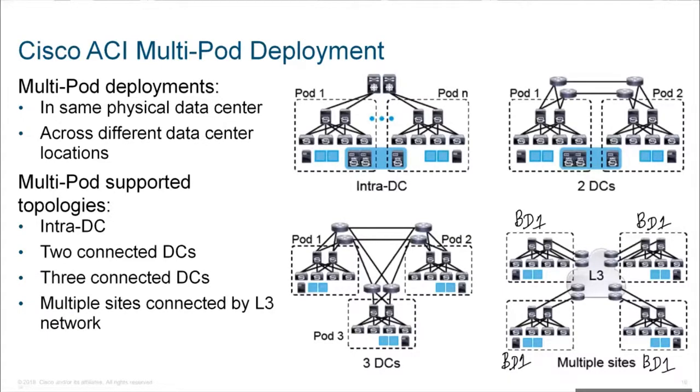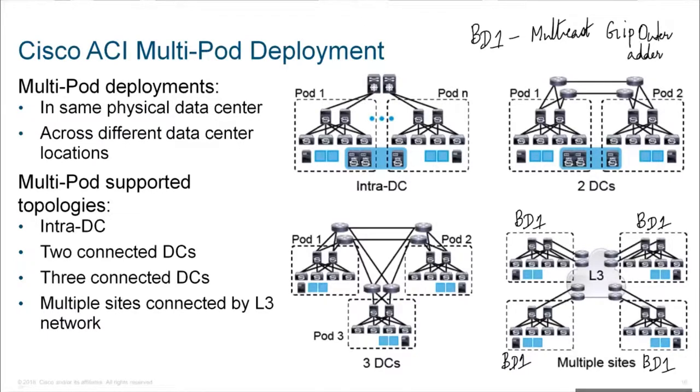Some of the leaf switches have devices or endpoints which belong to bridge domain 1. Now, every bridge domain has its own dedicated multicast address assigned. That's called the multicast group IP outer. It's called GIPO.